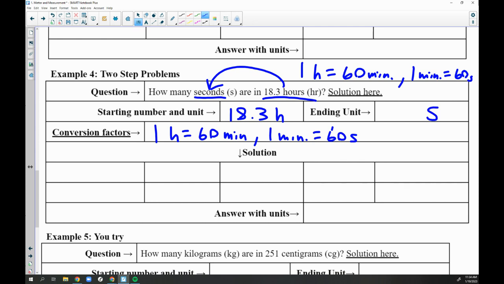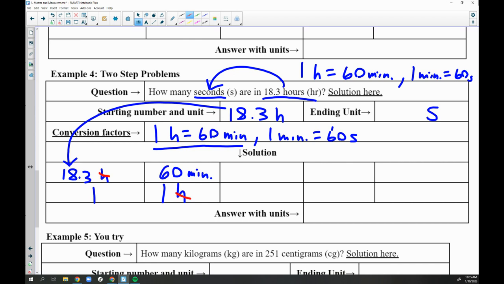Okay. As always, I'm going to put my starting number in the unit in this upper left-hand box, 18.3 hours, put it over a 1. And my first conversion, we're going from hours to minutes. So what goes on the bottom here? Can somebody tell me? Hours. Hours, specifically 1 hour, equals 60 minutes. And that enables me to cancel hours.